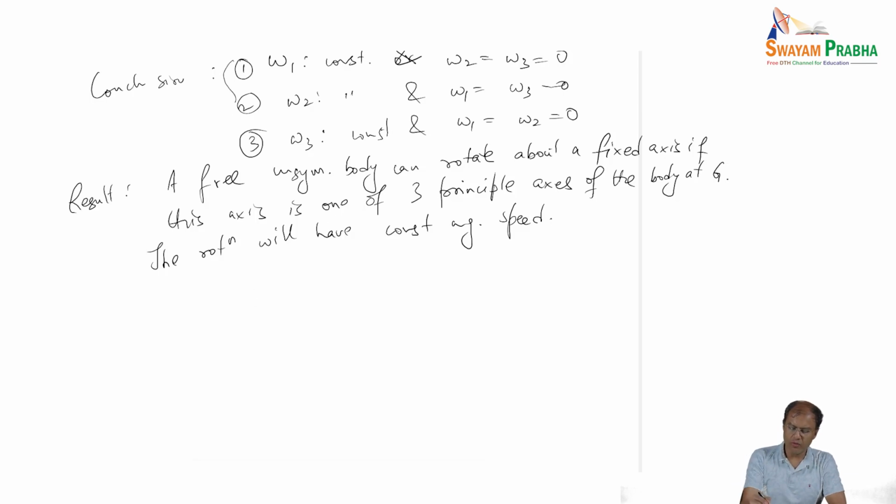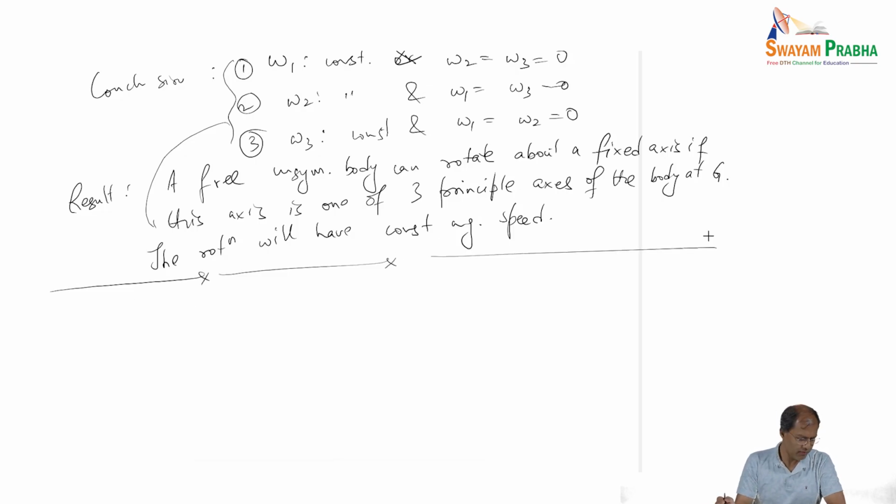So this is the conclusion out of these three equations, and now let us look at the most general form of the motion for an asymmetric or unsymmetric body. So for general motion, I am going to recap and write everything in short.